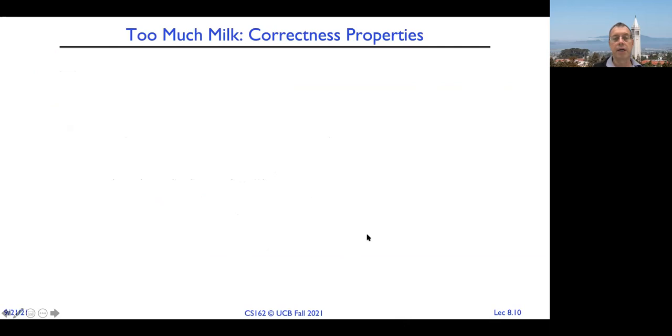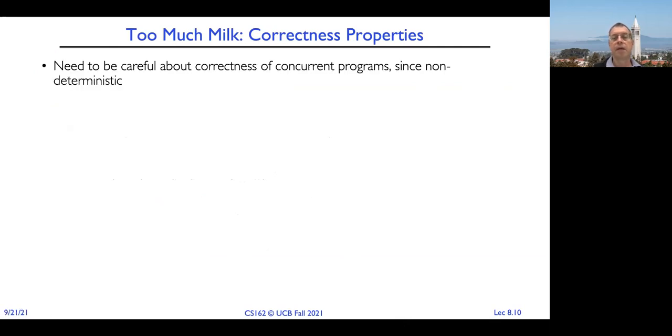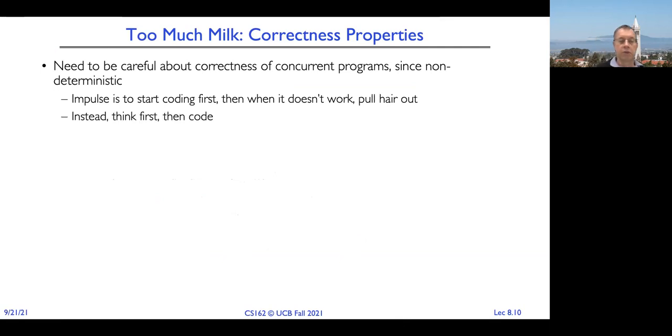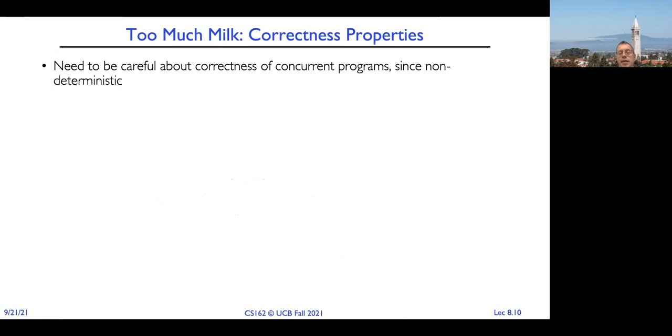So let's see how we are going to solve this problem. And before doing that, this is a tricky problem. These concurrency problems are tricky, and they are tricky fundamentally because there are many entities doing the same things at the same time.